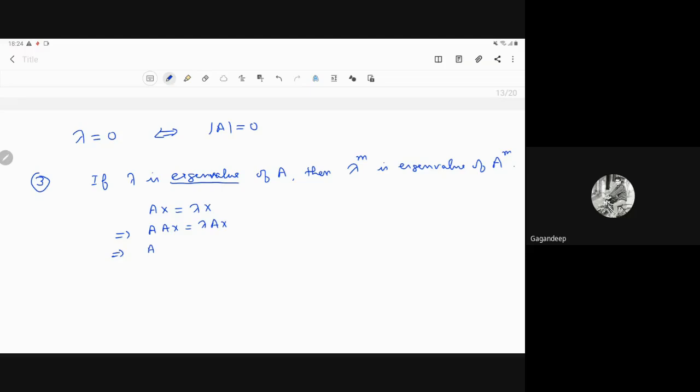So it is A square x equal to this, and this Ax can again be replaced by lambda x. So you get lambda square x, right? But this expression shows you something. Can I write from this expression that lambda square is an eigenvalue of A square?